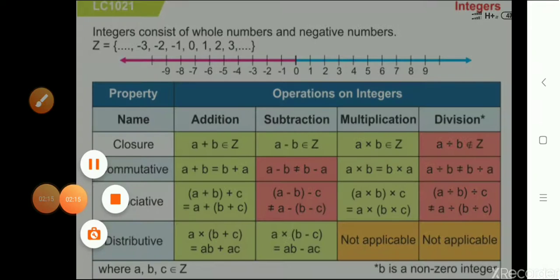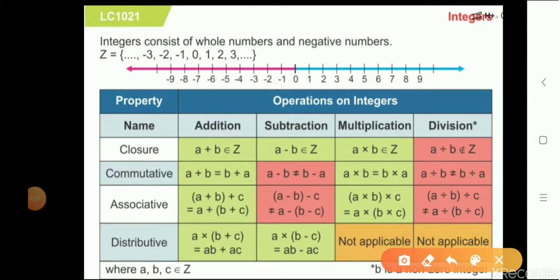Understood? Now, the third property is the associative property. In this, we take three integers and pair them up differently. On the LHS, we pair up the first two integers, and on the RHS, we pair up the last two integers. By pairing up the integers differently for addition, we get the same resultant.